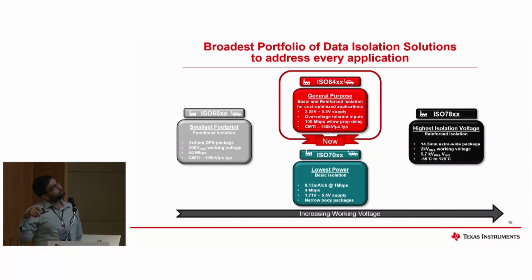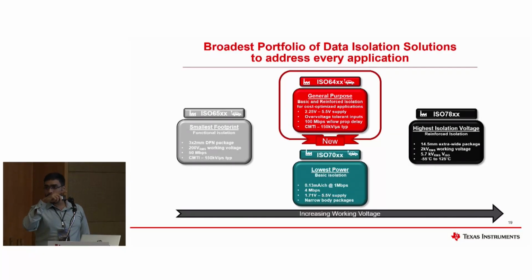And our latest and hottest release in the market is the ISO 64XX family. This is the first general purpose digital isolator with ISOSAX technology, the ISO transformer technology, which is the most cost competitive part in isolation for digital isolators that we are offering. It passes all the sections with flying colors in terms of operation, operational voltage, and speed.